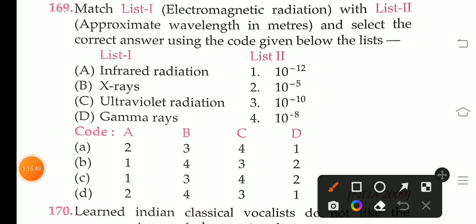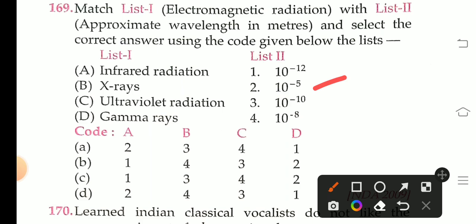Match list 1 electromagnetic radiation with list 2 approximate wavelength in meters and select the correct answer using the code given below the lists. List 1 and list 2. Infrared radiation 10 to the power minus 5 meter.